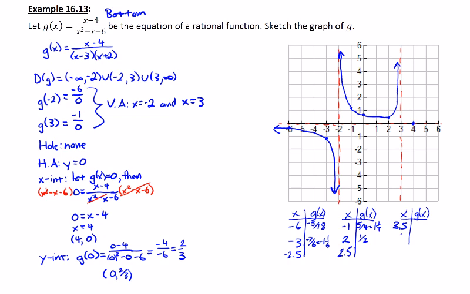And then I'm also going to pick 6, so that I can be a little bit further away from the x-intercept on the right. 3.5 is going to get you approximately -0.18, and 6 is going to get you exactly 1/12. So let me mark 3.5 just a little bit below the x-axis, and then 6 is going to be just a little bit above the x-axis there.